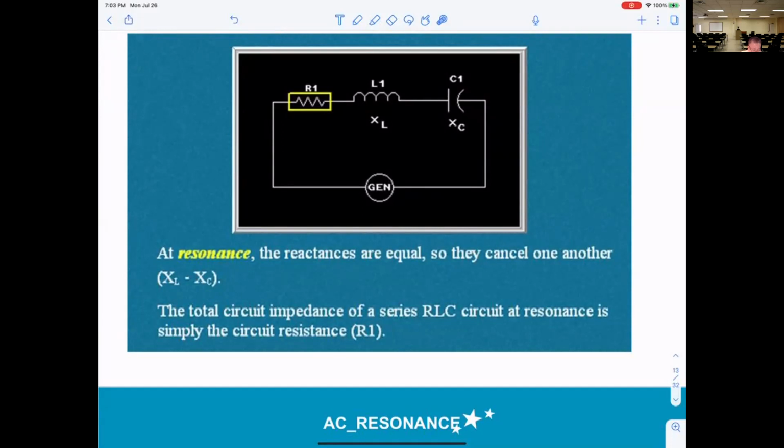The total circuit impedance of a series RLC circuit at the resonance is simply the circuit resistance R only. So that means at the resonance, XL and XC cancel out. So you get only R left over.